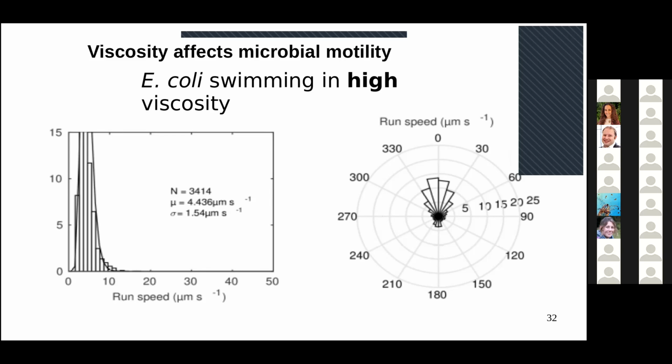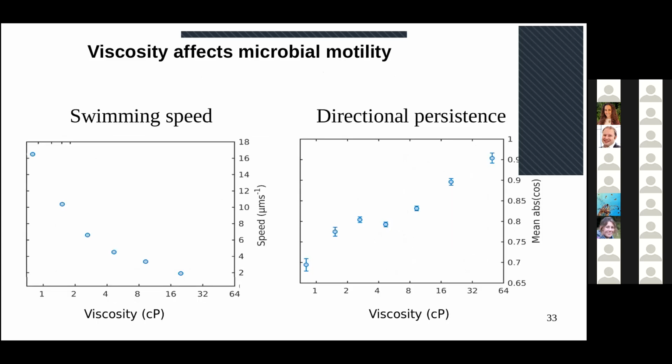That completely changes the motility pattern of bacteria. Putting all this together, we did these experiments with a gradient of different viscosities, and we could see that the swimming speed decreased non-linearly with viscosity, and the directional persistence, which is a parameter encapsulating this constraint of the tumble angles, also increased with viscosity.